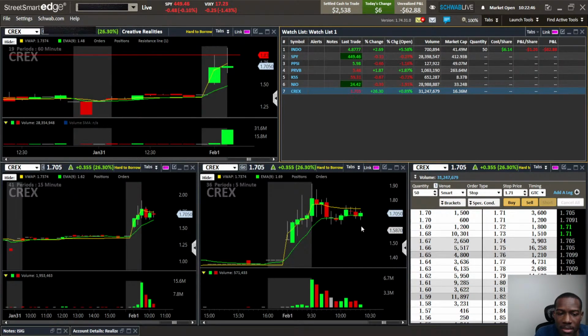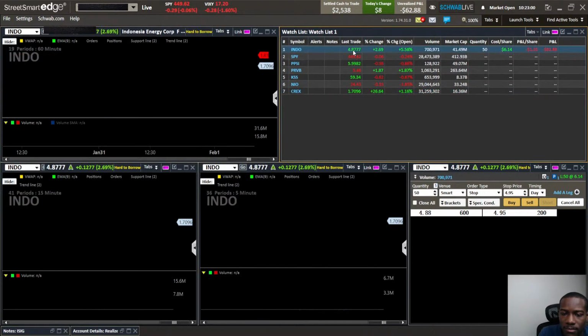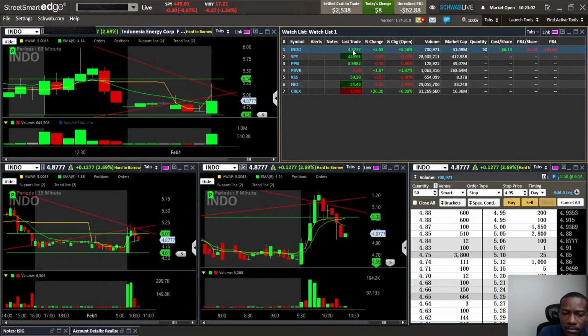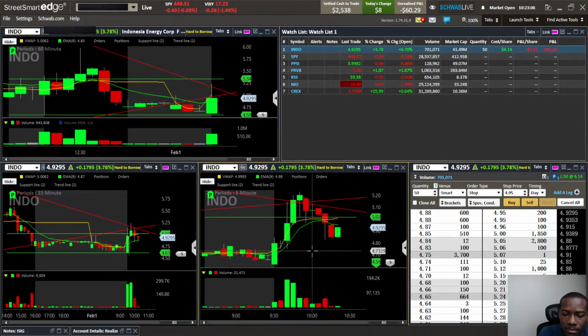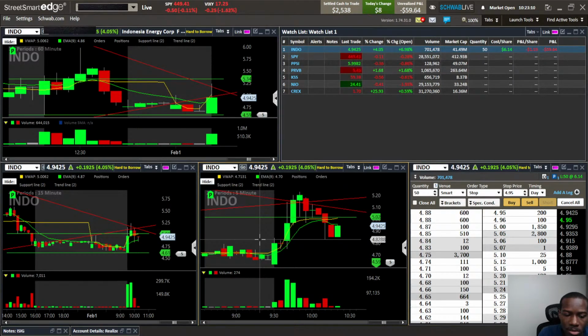Cracks just sitting under this 170. This hour candle will close in 7 or 8 minutes, something like that. $482.